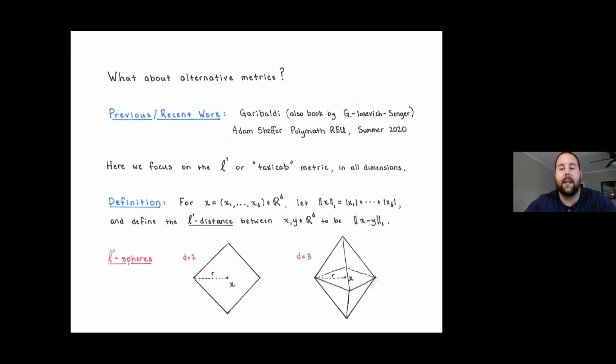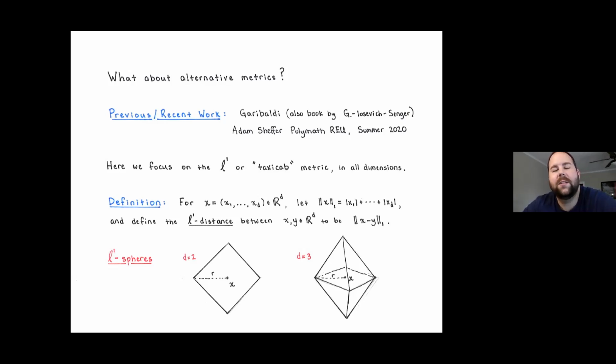Okay, this is not a brand new idea. Julia Garibaldi did work related to this, specifically with metrics determined by norms defined by convex bodies with non-vanishing curvature, etc. And a lot of that also appears in the book on the Erdős distance problem by Julia Garibaldi, Alex Iosevich, and Steve Senger.